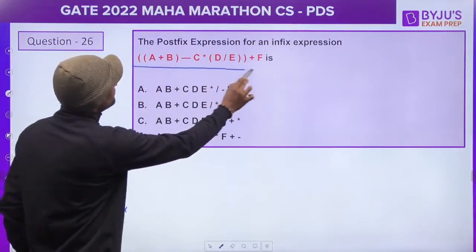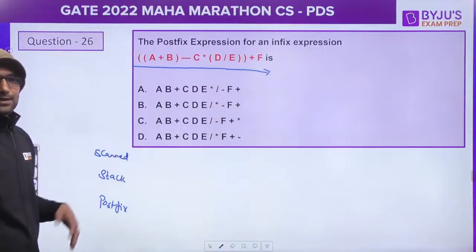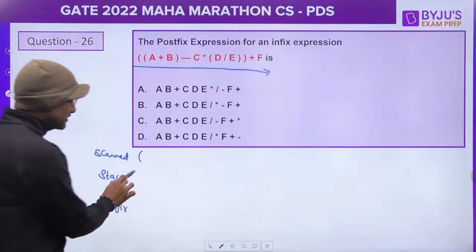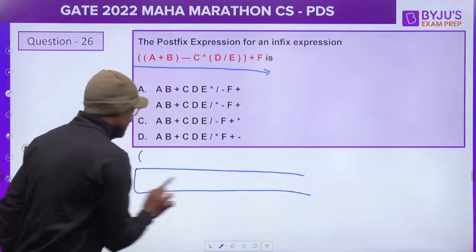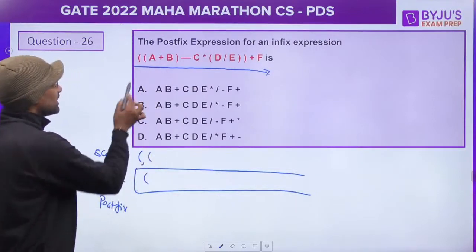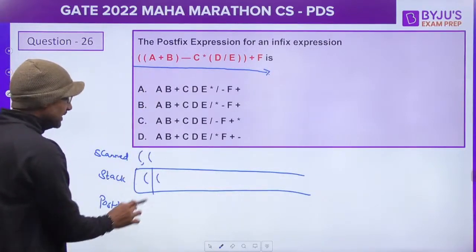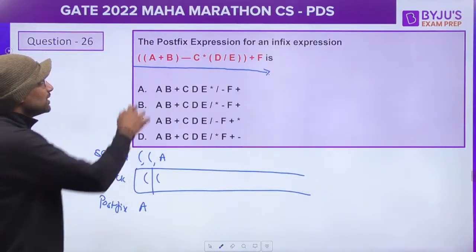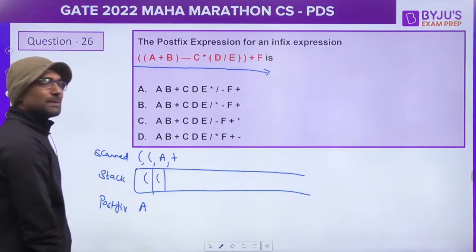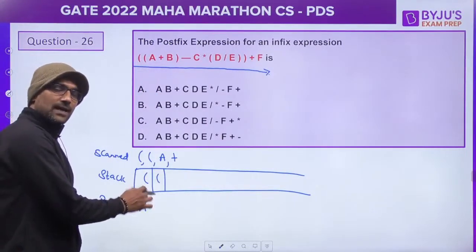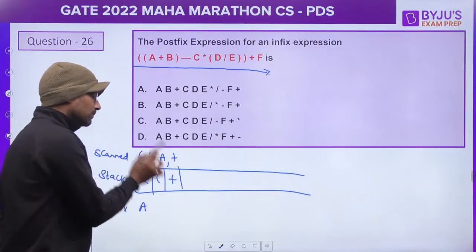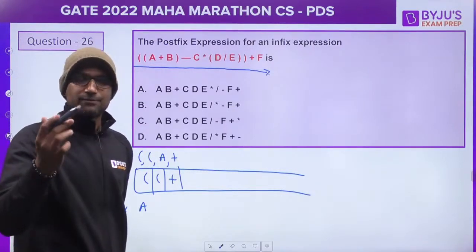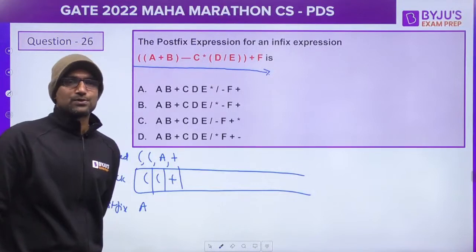First we scan from left to right for infix to postfix. First we scan the left parenthesis. If it is a parenthesis, simply push it onto the stack. Again a parenthesis, push onto the stack. Then we have an operand, so send it to the postfix expression. Then we have operator plus. What is on the top of the stack? Parenthesis. Then push it. Guys, we have an algorithm.